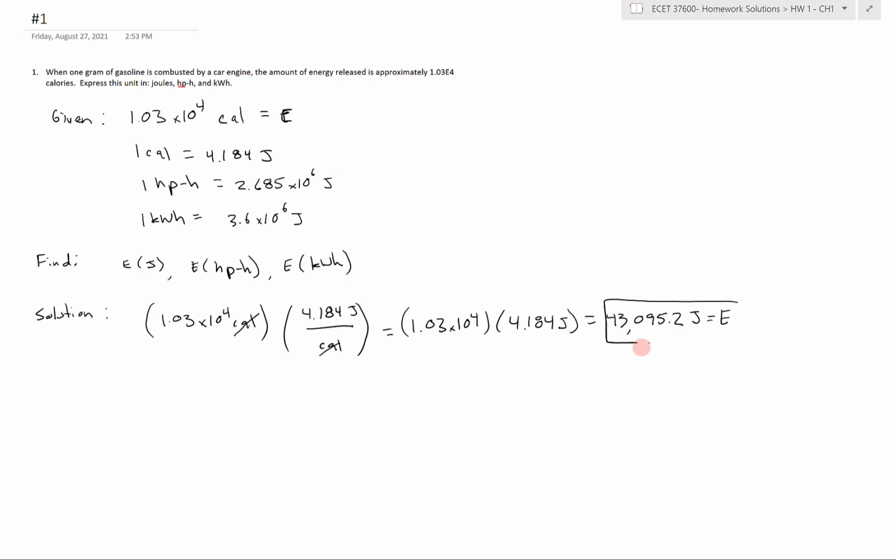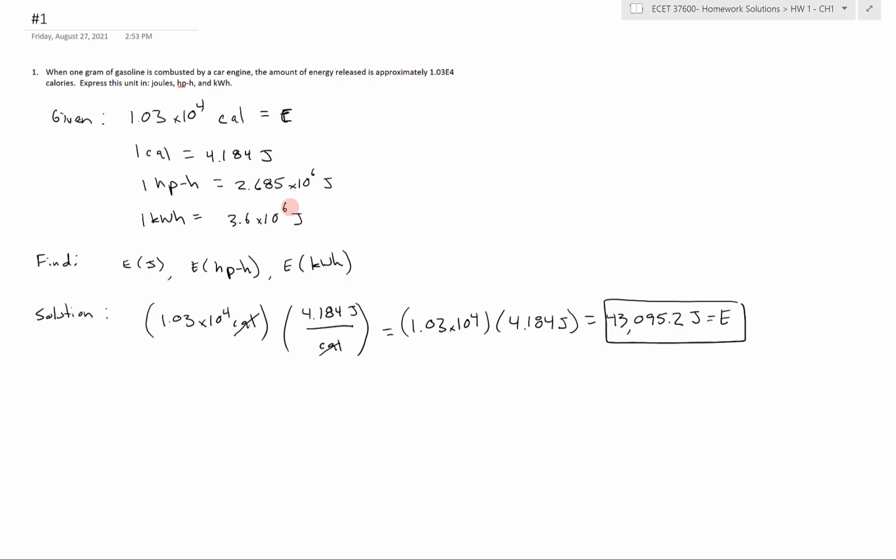So if I convert 1.03 times 10 to the 4th calories into joules, I get an energy content of 43,095.2 joules. So now that I've got it in joules, I can use these two constants to do the conversion over to horsepower hour and kWh.